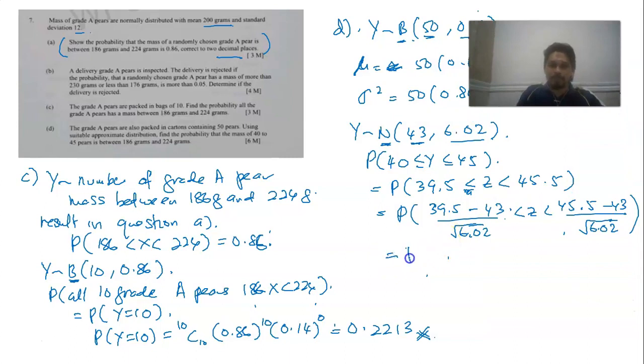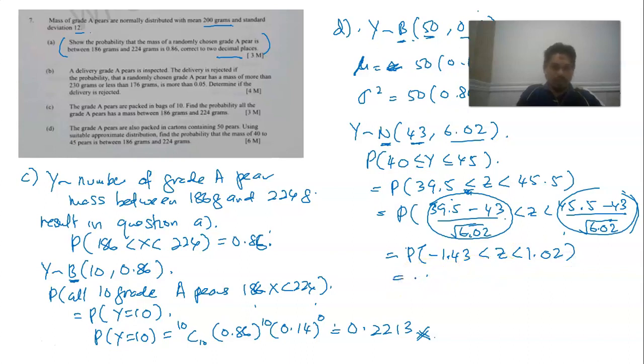So the total of this gives you negative 1.43, and this one here gives you 1.02.